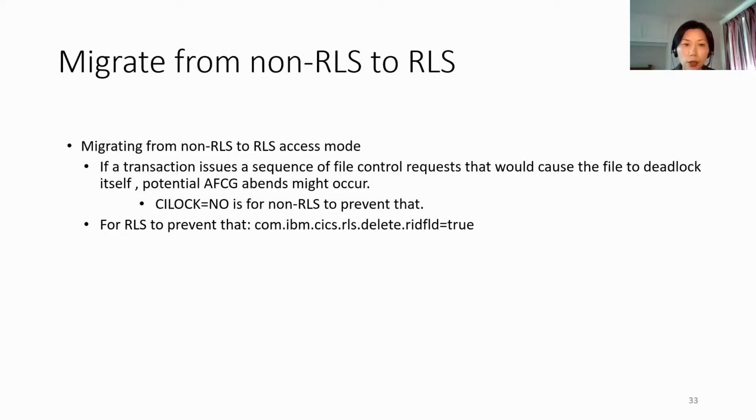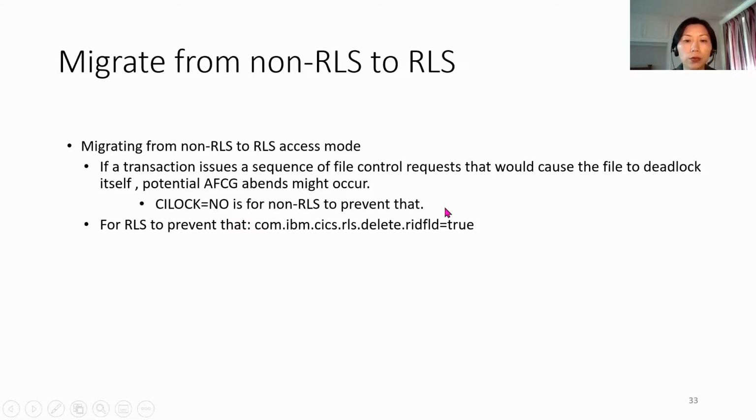The next one is about non-RLS and RLS. If you access a VSAM file through a file control request, you may end up in a deadlock situation, which causes an AFCG event. In non-RLS access mode, there is a SIT parameter called CILOCK=NO, which can prevent that.